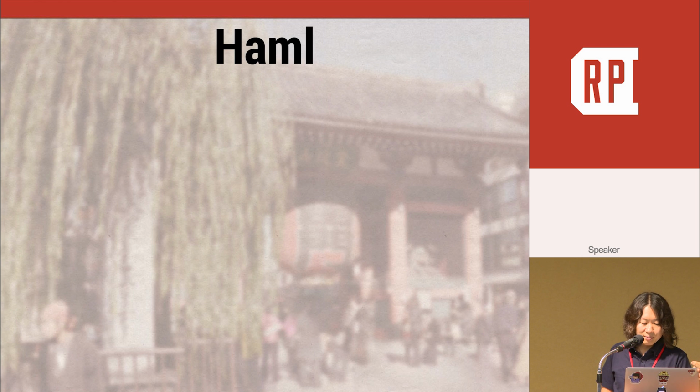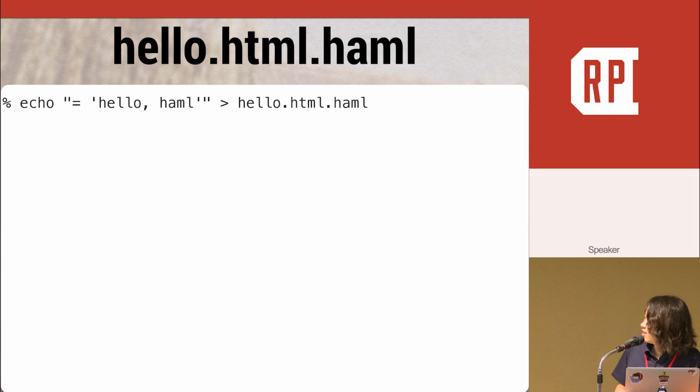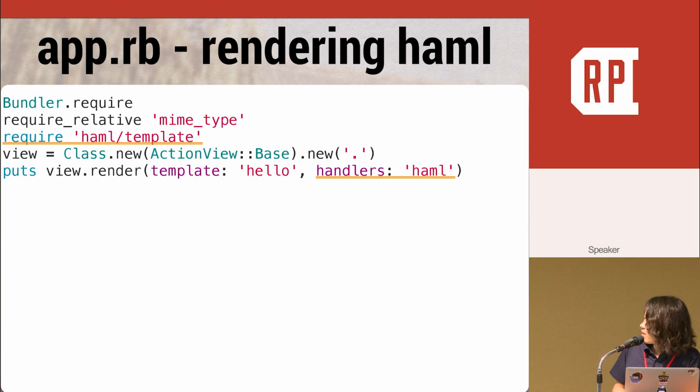So the next example is Haml. This is how you can use Haml in my previous tiny application. Just bundle Haml, create a Haml template, and require the Haml template. Pass in another option named handlers Haml. I suppose this should work, but actually this didn't.